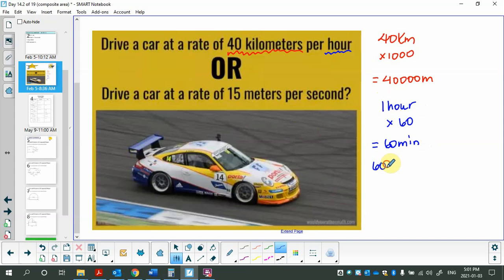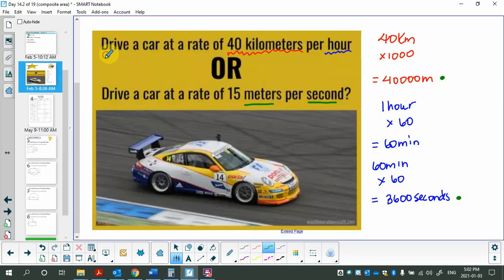If we take 60 minutes and times it by 60, we'll get seconds. The whole reason I did that is because this rate is given in meters per second, so I need meters and seconds to compare it.